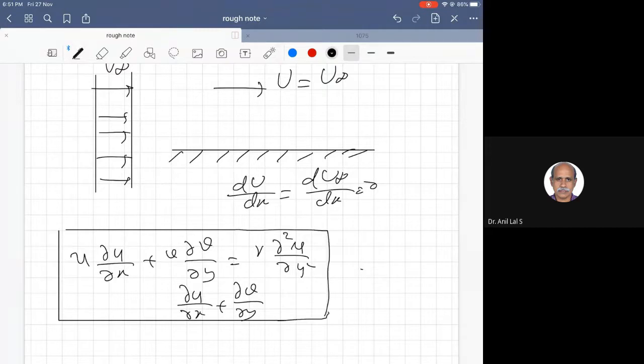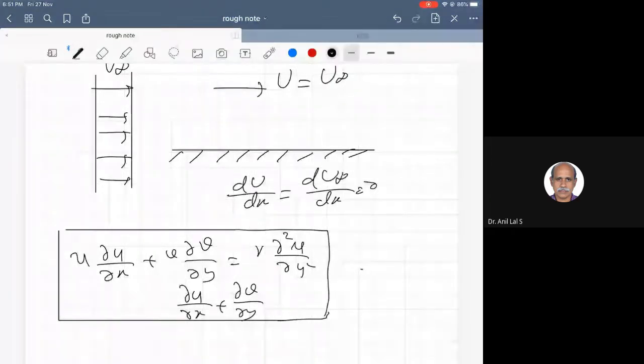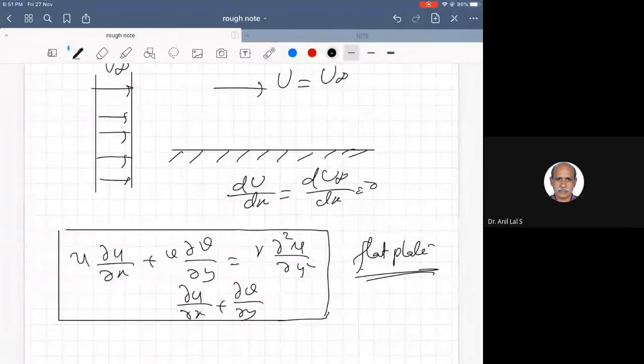This is for the flat plate. So the solution is somewhat easy because there is no pressure gradient. It is a flow without any pressure gradient, that is zero pressure gradient flow.